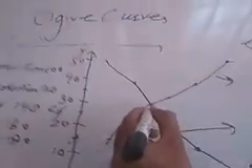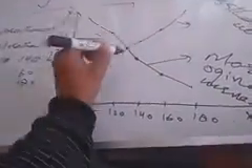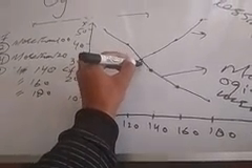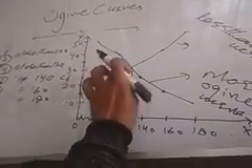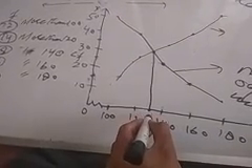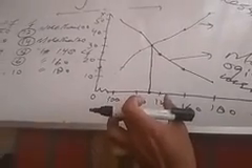The point where these two intersect, if I draw a perpendicular from the point of intersection to the axis, the point at which it meets is the median of this data.